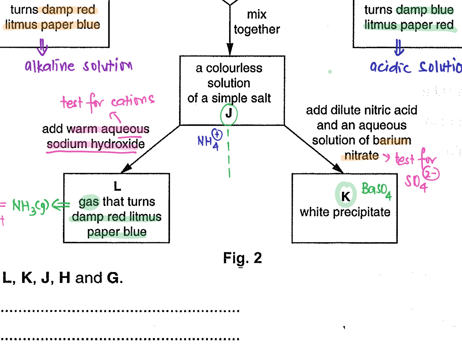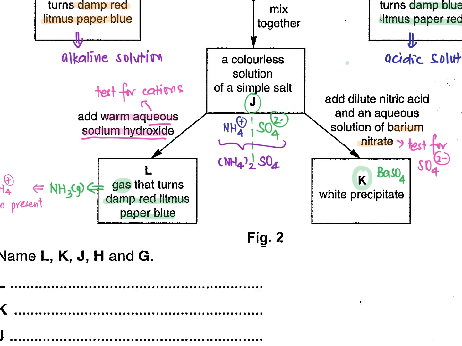So this sulfate ion must come from your J, which means I already have identified what is my salt J. When your ammonium ion combines with your sulfate ion, what is the name of the salt formed? Ammonium sulfate. Okay, so I write down the chemical formula first.